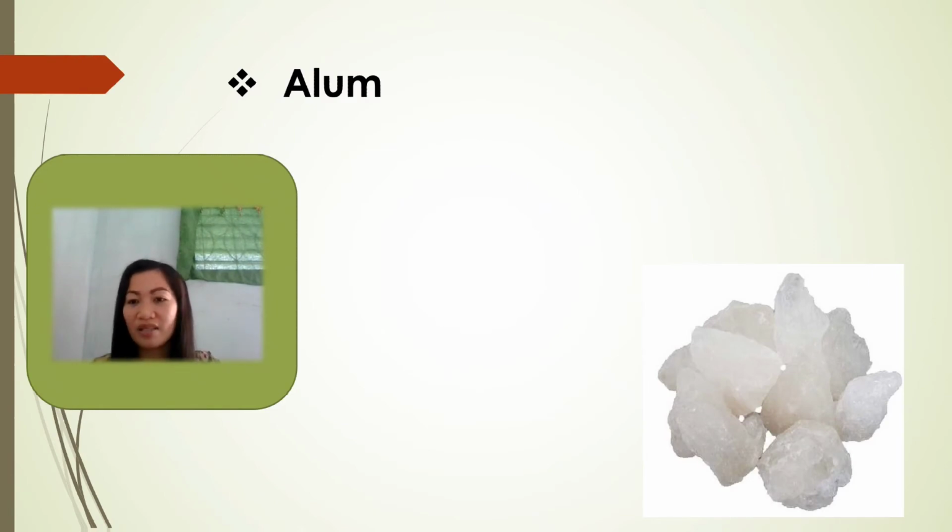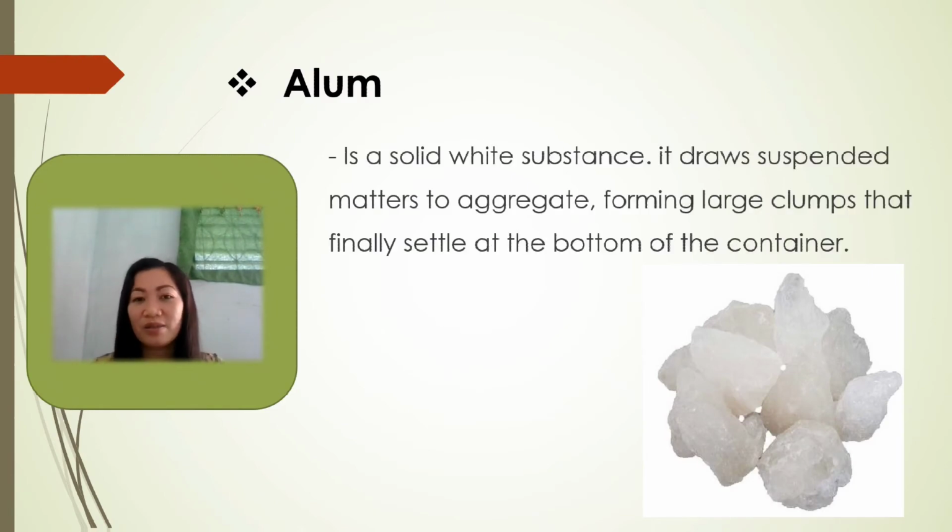Use of alum. Alum is a solid white substance. It draws suspended materials to aggregate, forming large clumps that finally settle at the bottom of the container. For example, if we use water from a canal, we submerge the alum in the water, the solvent.